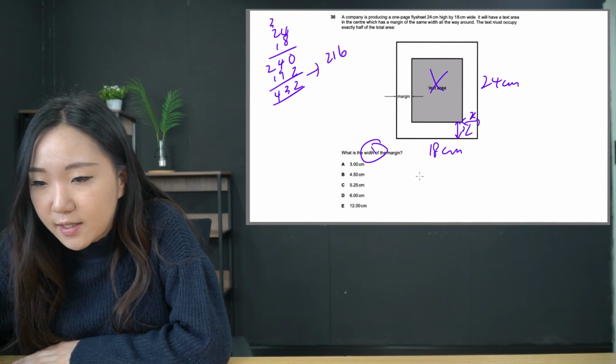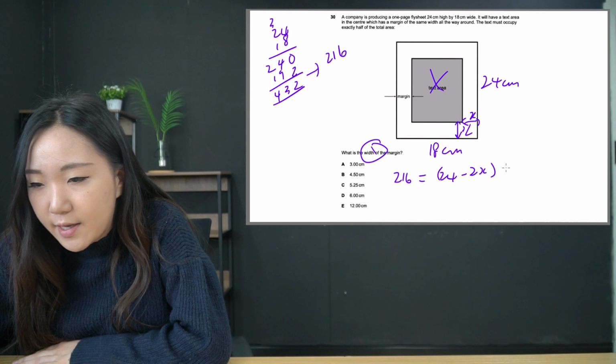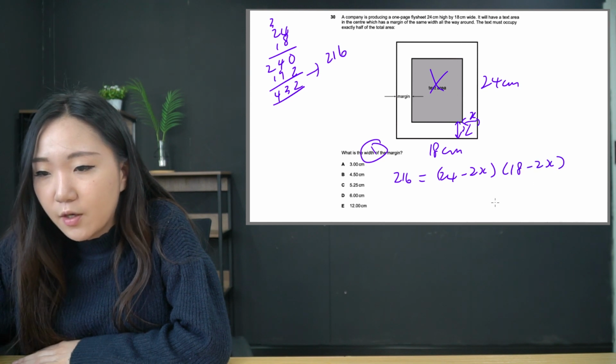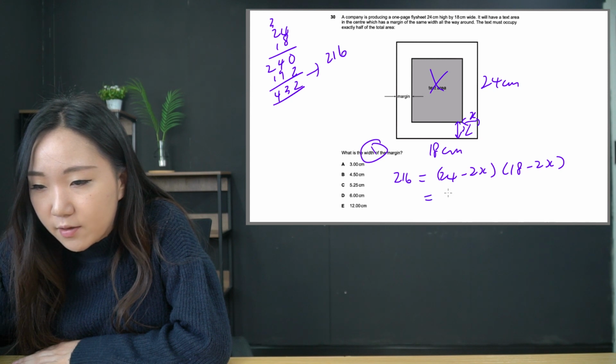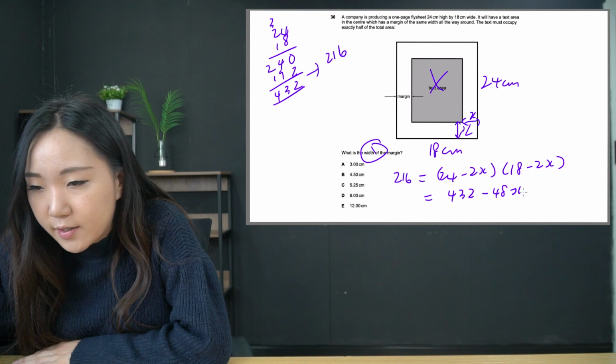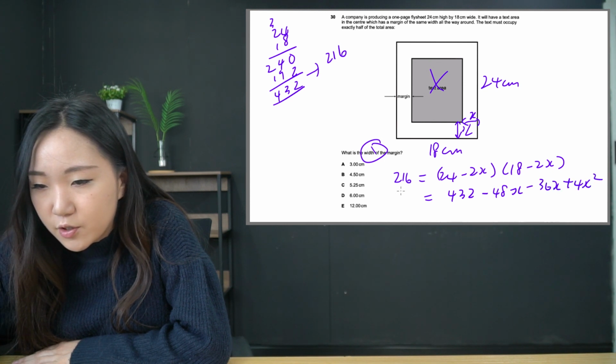Now what we have to do is make a formula to find one of these areas. I'm immediately seeing that the best way to do this is going to be that 216 is equal to 24 minus 2x multiplied by 18 minus 2x. I hope that's obvious because that's going to give you the values inside. So we'll just multiply that out, so we'll get 432 minus 48x minus 36x plus 4x squared is equal to 216.